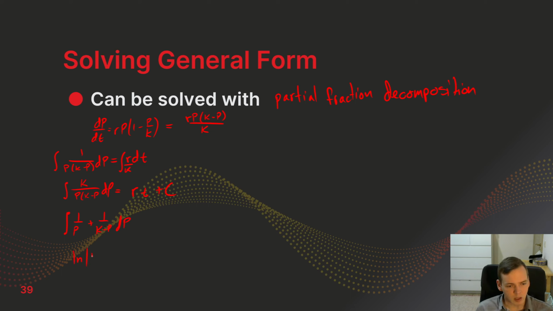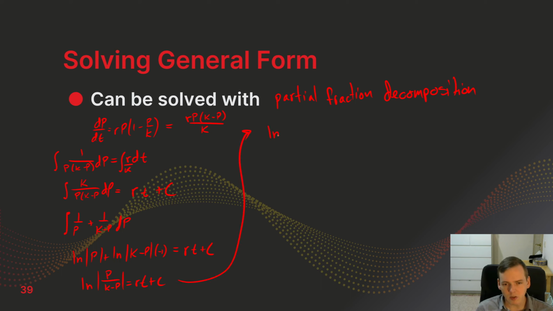We get natural log of P plus natural log of K minus P times -1 is equal to rt plus C. So that means we get natural log of P over K minus P is equal to rt plus C.